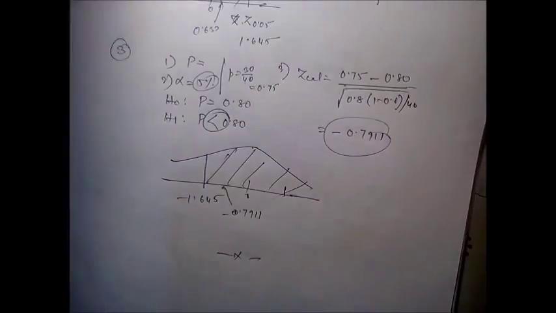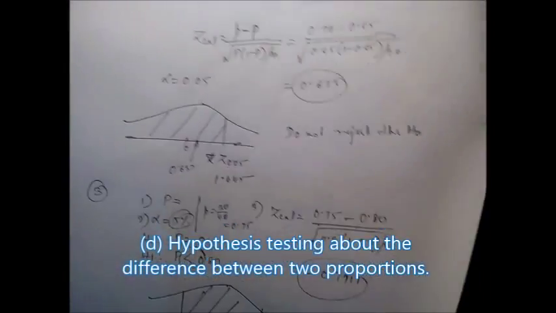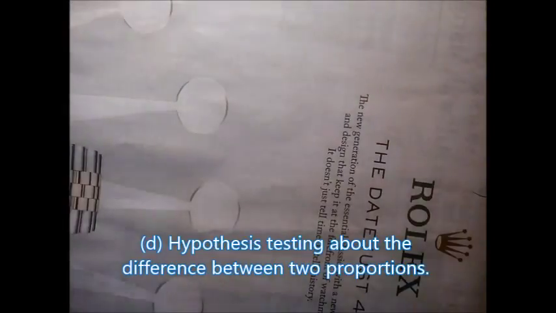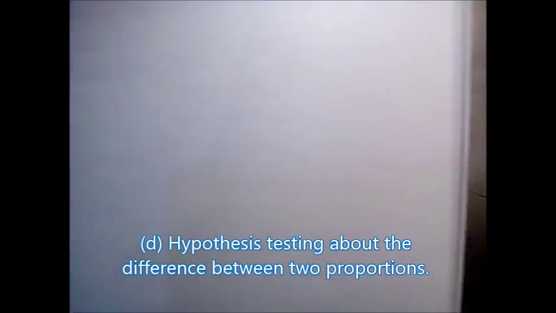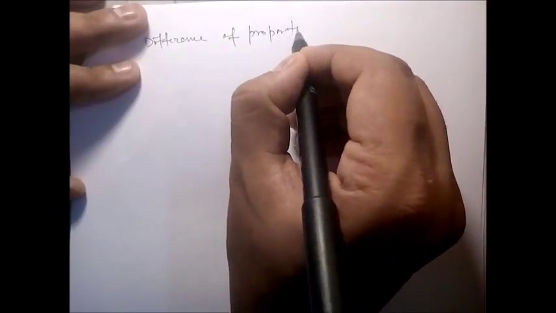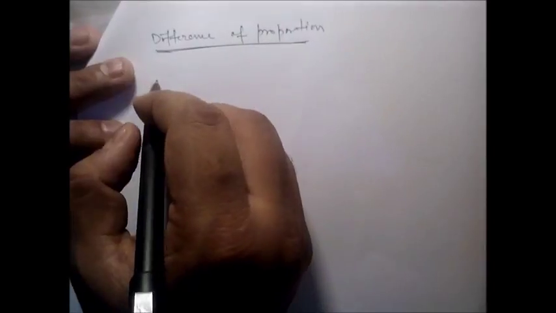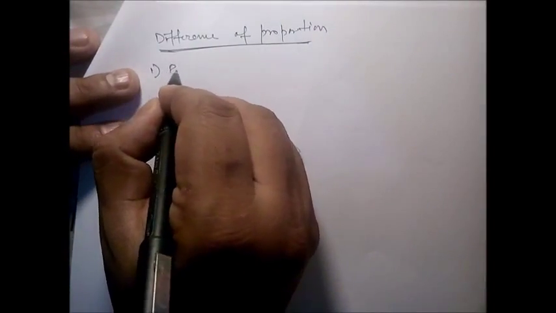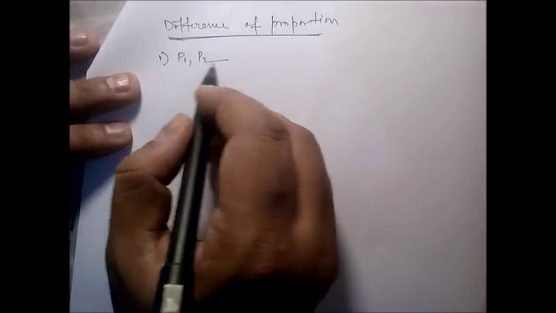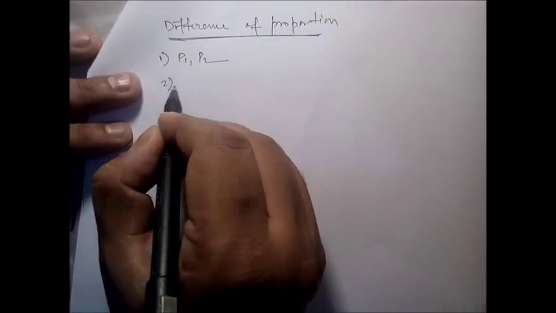Okay, next, test of significance for difference of proportion. So steps: parameter of interest P1 and P2, two population proportions are there, level of significance alpha.